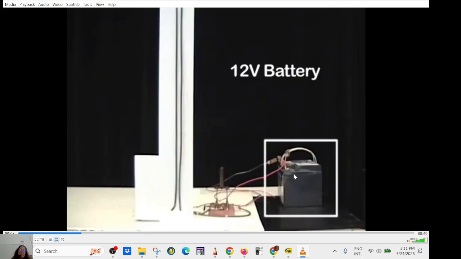So you have a power supply. Current is going to flow through those wires. In one situation, the current will go in the same direction because they are in parallel with each other. And in the other situation, the current will go in the opposite direction because they are in series.